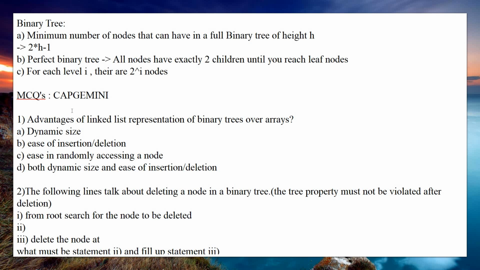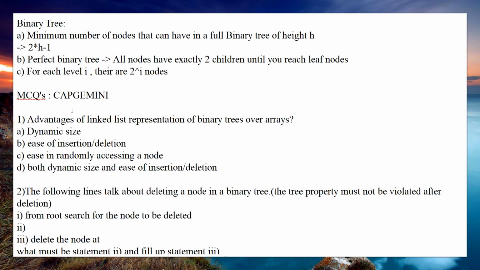The first thing is the minimum number of nodes that can be in a full binary tree of height h. Suppose they may give an example and tell you a tree has a number of nodes and height is given, and you need to find the minimum number of nodes that can be in a full binary tree.